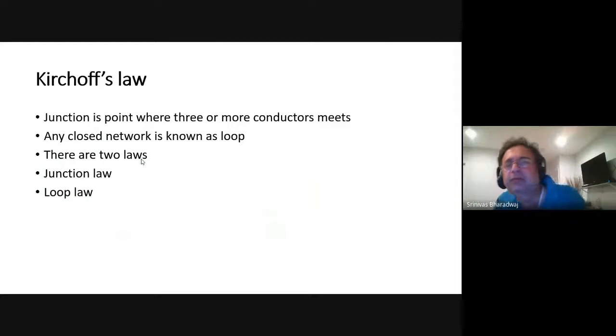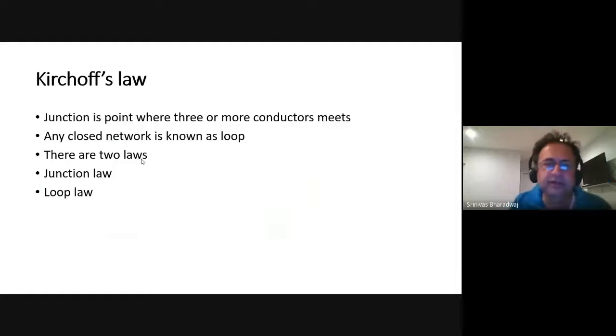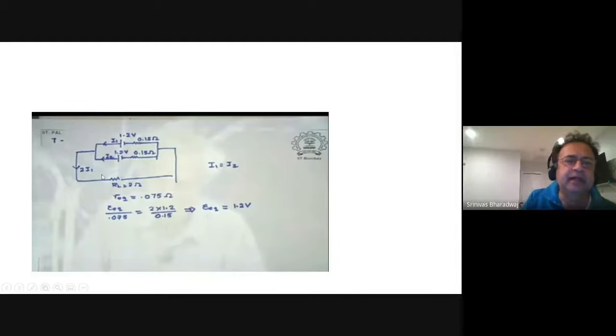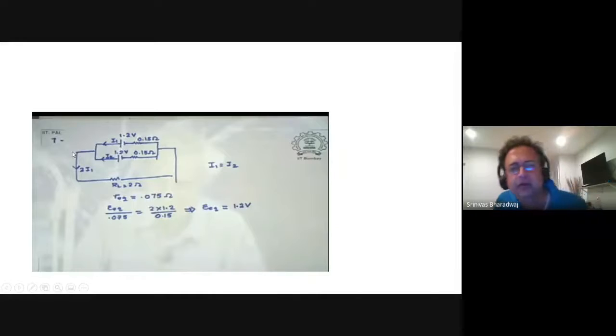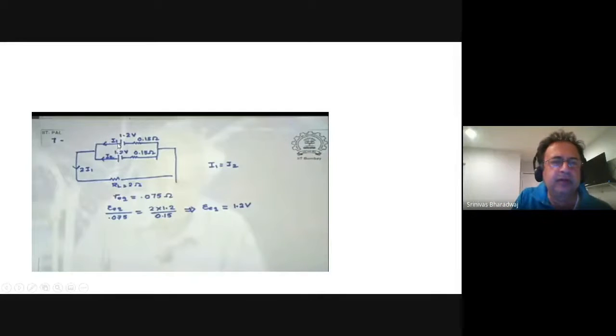Okay. So now, having explained all this, you already know at some level what Kirchhoff's laws are. What Kirchhoff's laws say is that in any circuit, regardless of how complicated or how easy it is, at any junction the current coming in is equal to the current going out. So I1 plus I2 will equal I, the effective current going out.